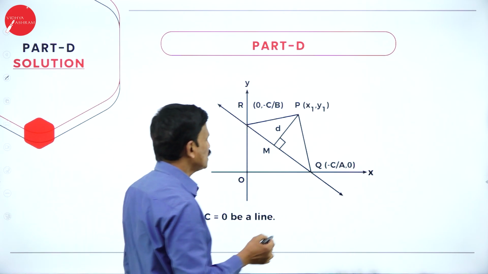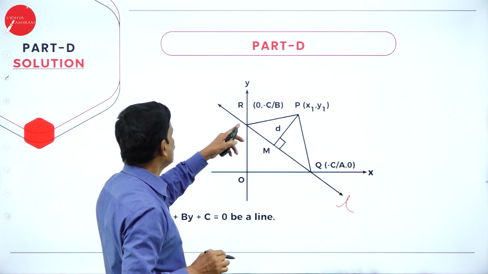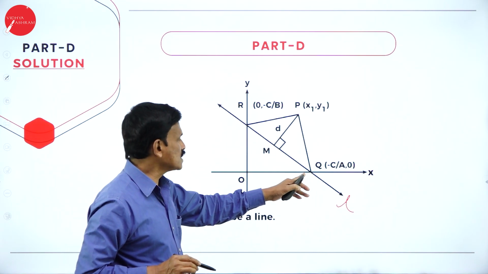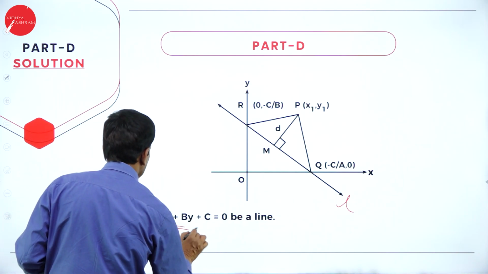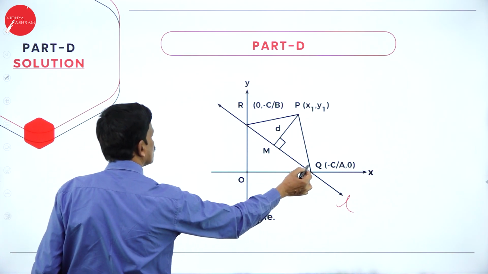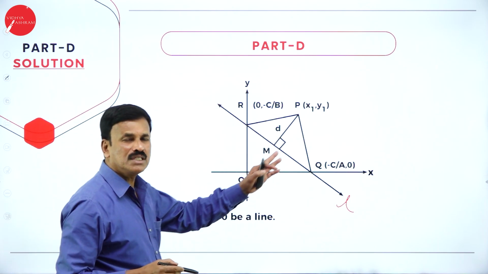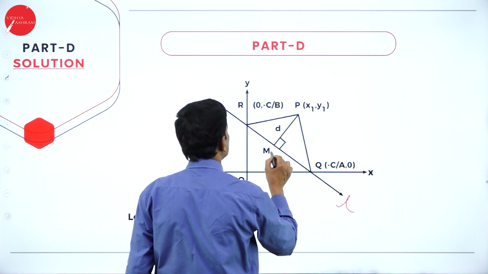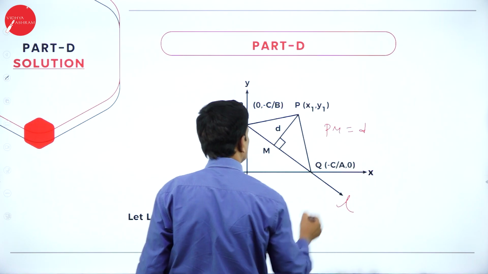Let the line ax plus by plus c equal to 0 cut the x-axis at Q and the y-axis at R. Let P(x1, y1) be any point whose distance from P to M is d. PM is the perpendicular distance, PM is equal to d.